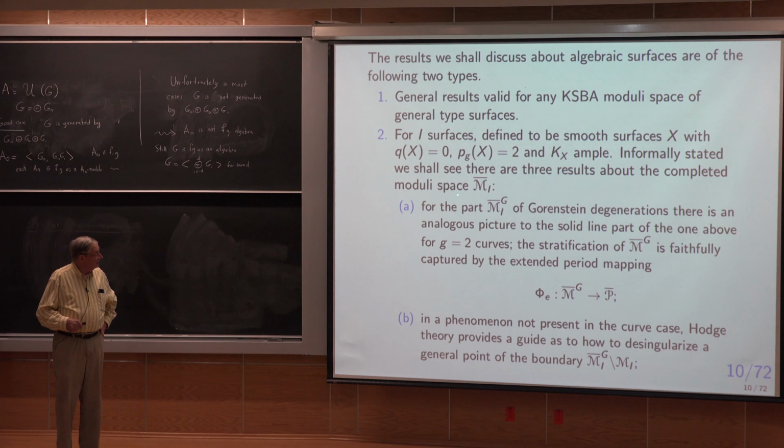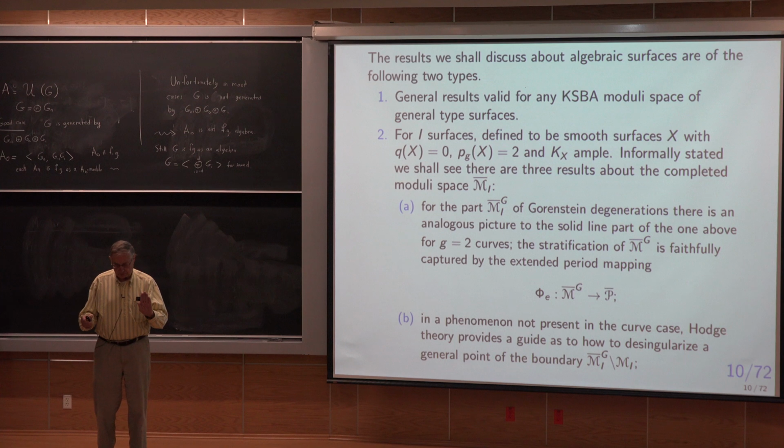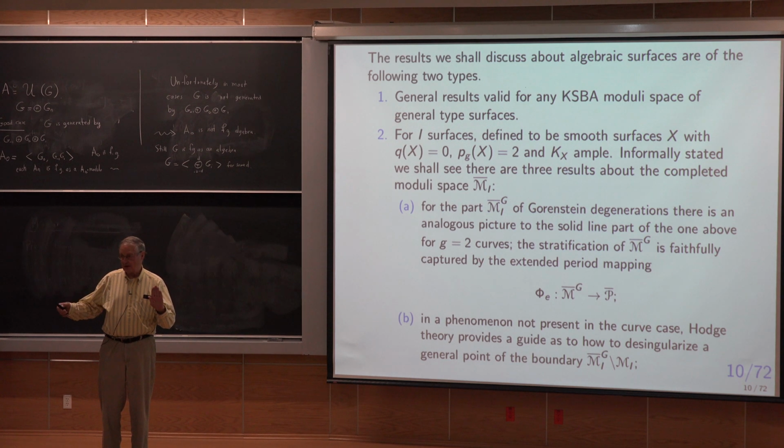For these, there are going to be three types of results that come out. First, when you study singularities of algebraic varieties, in curves and surfaces and in higher dimensions, it's very convenient to organize those into Gorenstein and non-Gorenstein. Gorenstein ones are ones for which the dualizing sheaf is a line bundle.